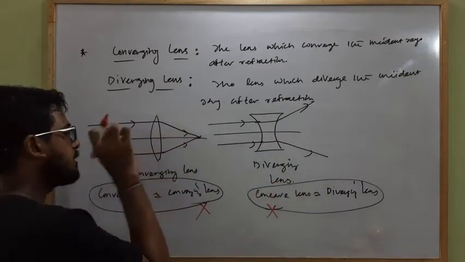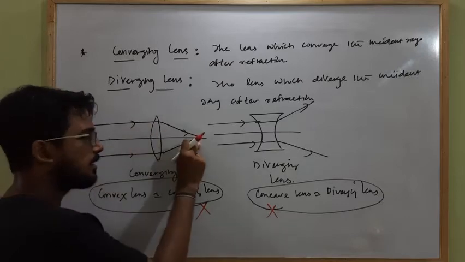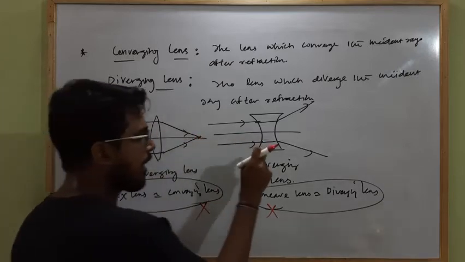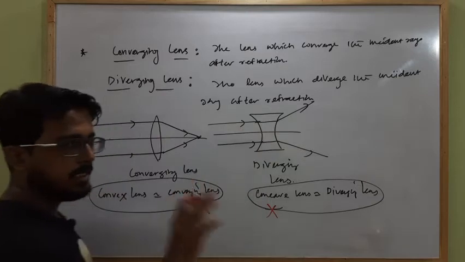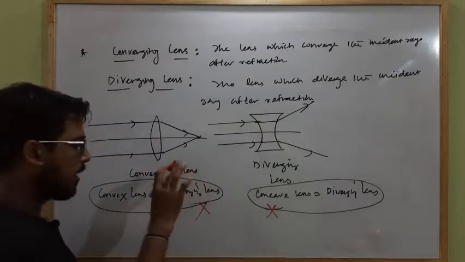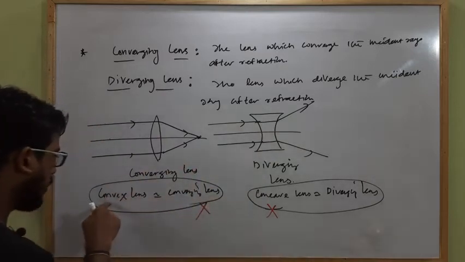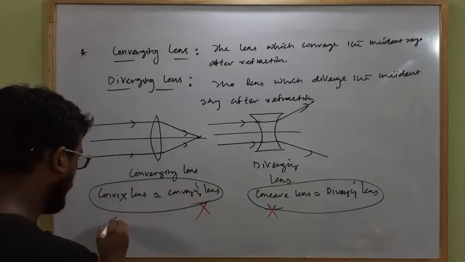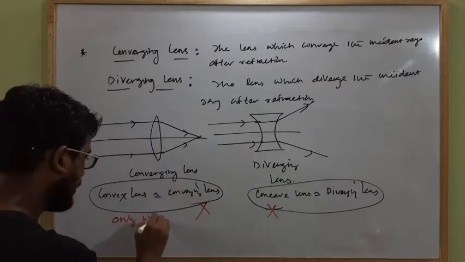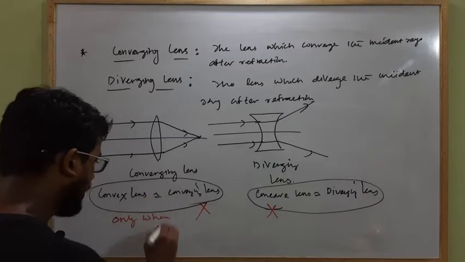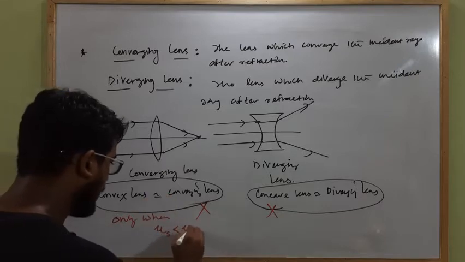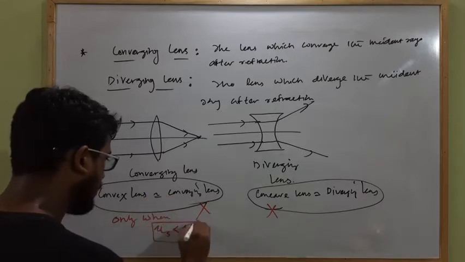Most of the cases, a convex lens is a converging lens and a concave lens is a diverging lens, but not always. Okay, this happens only when the refractive index of the surrounding is less than the refractive index of the lens. You have to remember this.